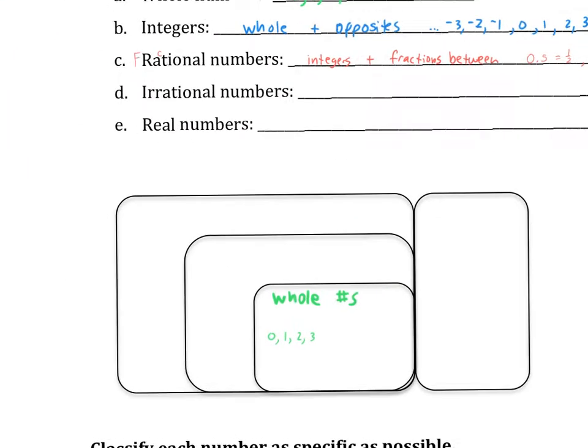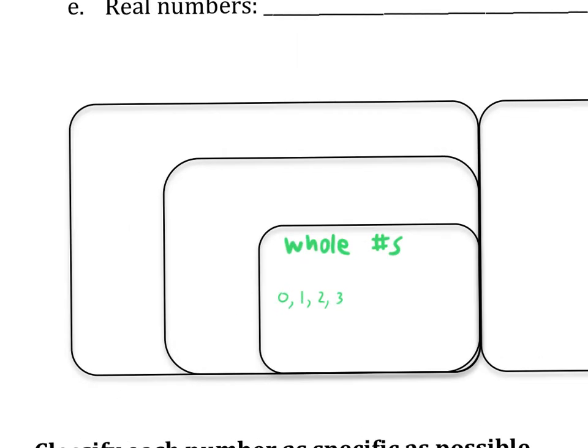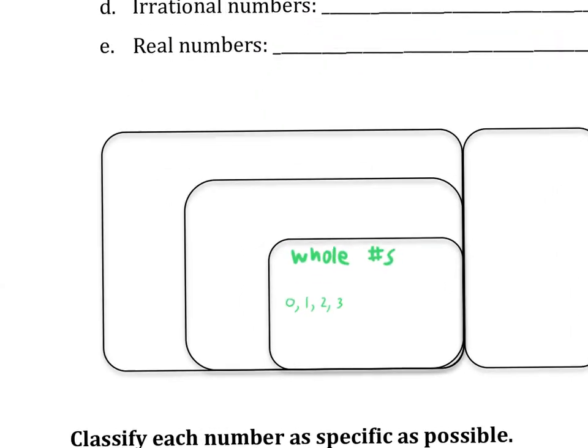So let's fill up a little bit down here. The whole numbers are the most inside. Then we get the integers right here. So the integers are the 0, 1, 2, 3, plus all those negatives. So -3, -2, -1. On top of that, we can have the rational numbers, the fractional.